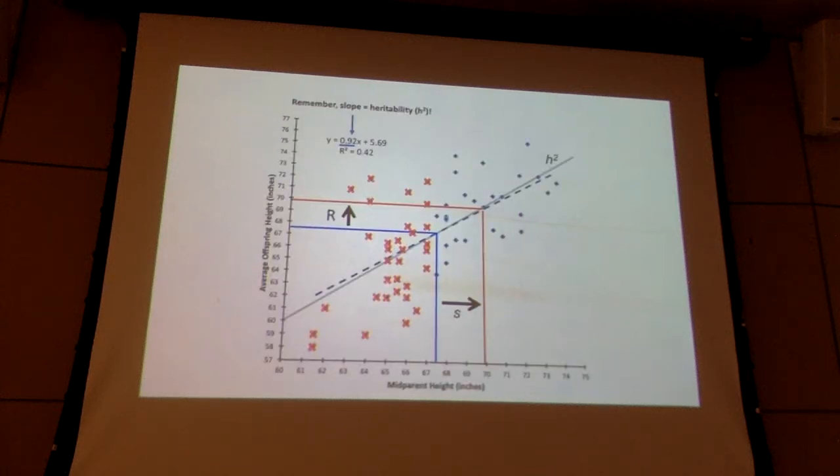Okay, so here's back to our example. Our slope here is our heritability, and it's 0.92, right? So heritability is 0.92.